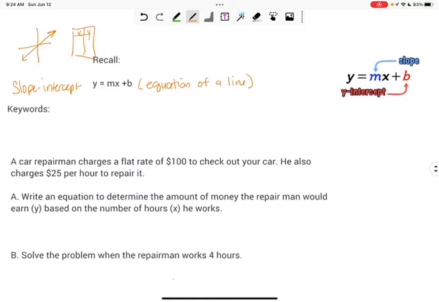And then finally, we talked about how to write this equation from a graph or a table in slope-intercept form, where m is our slope, which we've also used the term rate of change, and b is our y-intercept, which we've also used the term starting point.